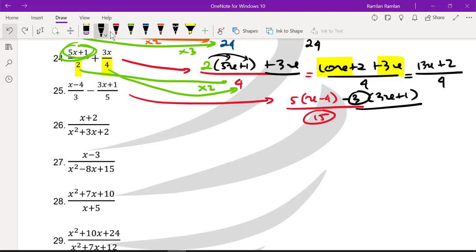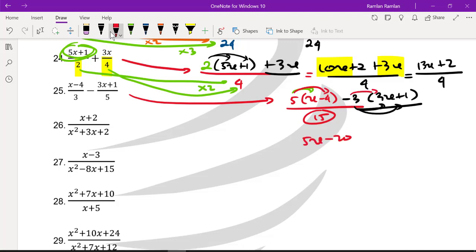And then you can do the same thing as before. Here, just be careful that we have a negative, so when you multiply, that'll be negative. Let's do it one by one. This is 5 times x, which is 5x, and then 5 times negative 4, which is minus 20.